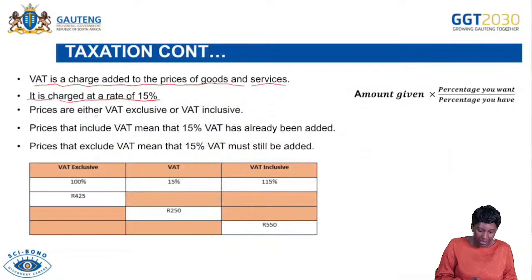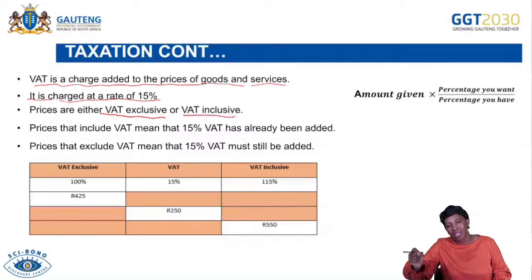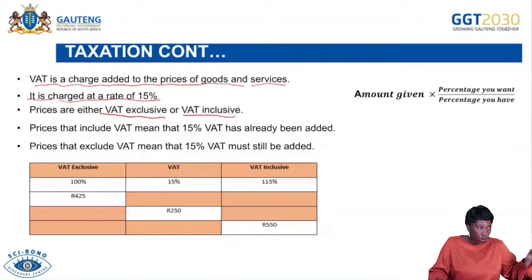Now we say prices are either VAT exclusive or VAT inclusive. With VAT exclusive, it is the price without VAT. With VAT inclusive, it is the price with 15% VAT added on it. So that one is 100%, excluding the VAT.